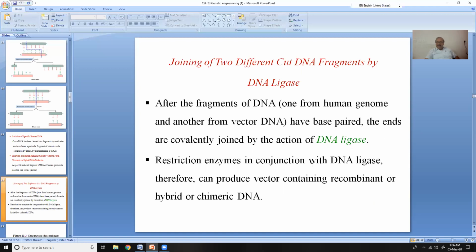Restriction enzymes in conjunction with DNA ligase therefore can produce a vector containing recombinant, hybrid or chimeric DNA.